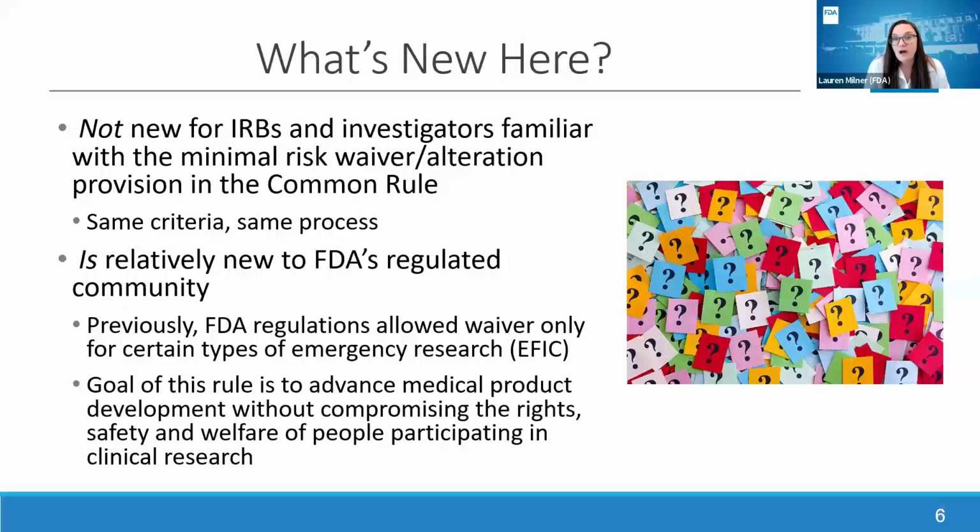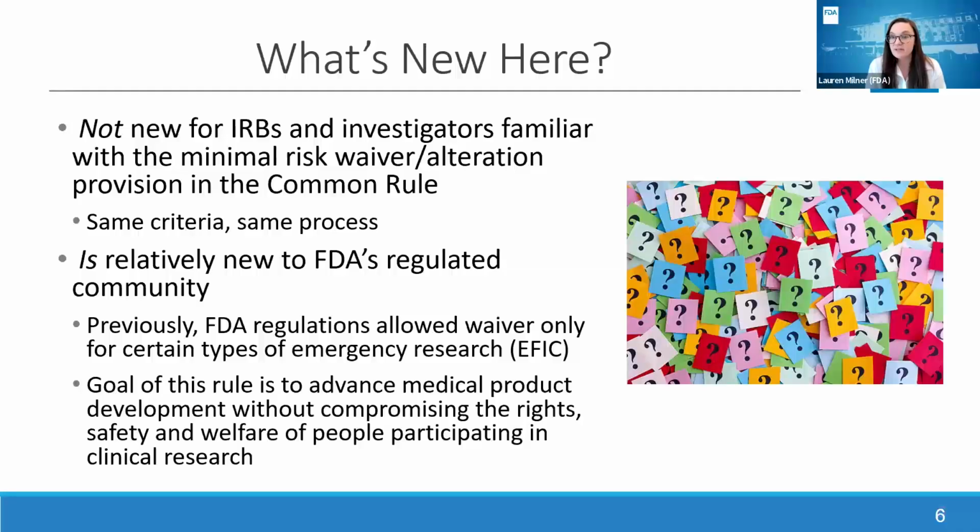So what's new here? Since this is harmonized with the Common Rule, for most IRBs and researchers, there is not a whole lot that's new here. It's the same criteria, it's the same process. The rule is relatively new to FDA's regulated community.